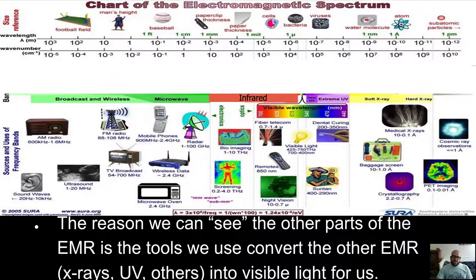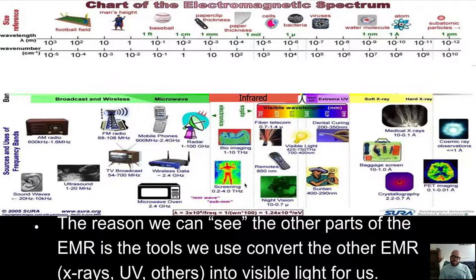The reason why we can quote-unquote see other parts of the electromagnetic radiation or electromagnetic spectrum is that we have tools that convert those invisible things that are still types of light or electromagnetic radiation, but our eyes cannot see them. So if you remember from the lab, the infrared camera took something that we could not see with our eyes. We had to use our hands and our sense of touch to feel the difference between the cold side and the hot side of the pan.